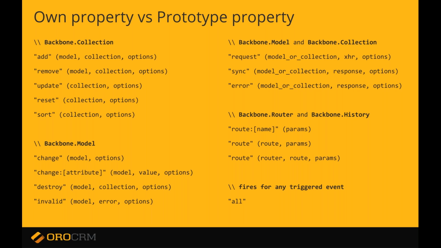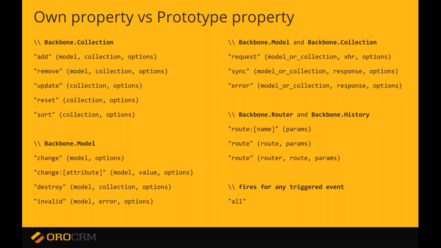And for router and history, there are also specific events, so we can also handle them once a route is matched and so on. And one specific event name that we can handle is all.